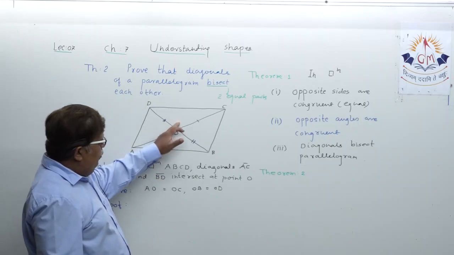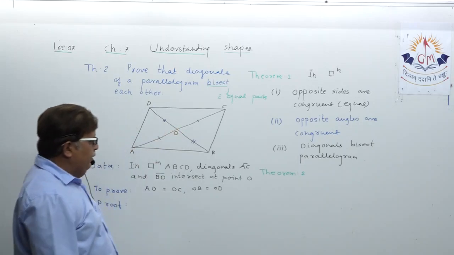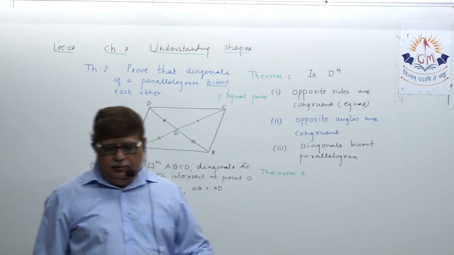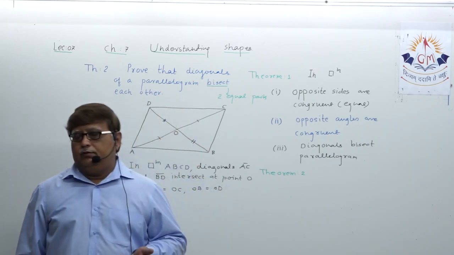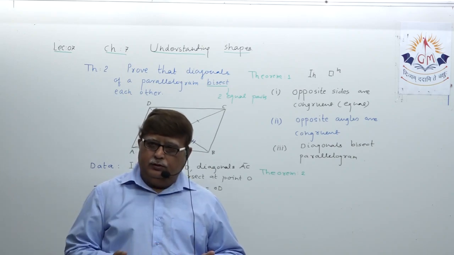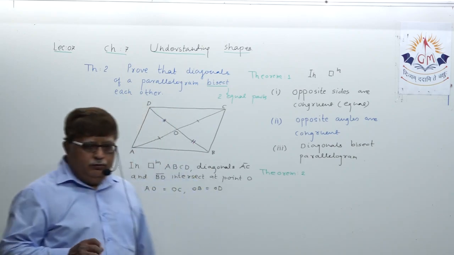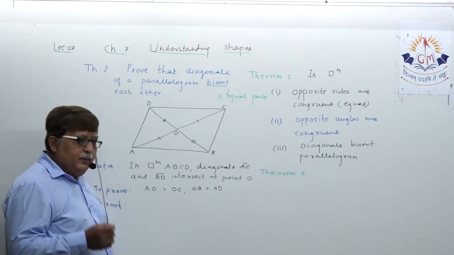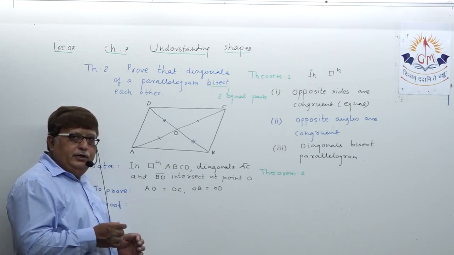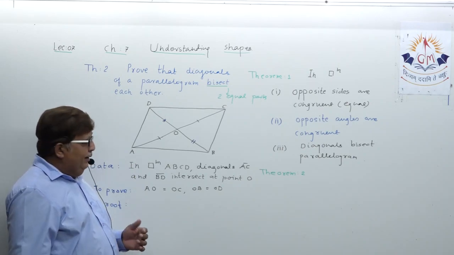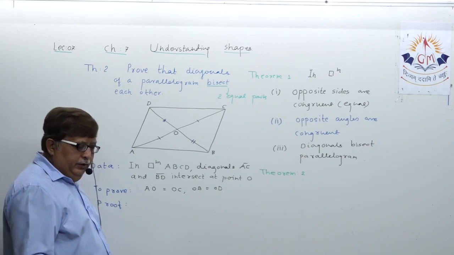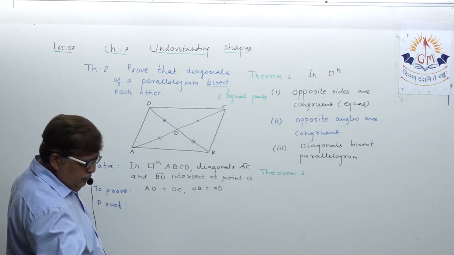And for proving two triangles congruent, you all know that we have got only two postulates. Which are those? SAS and ASA. Two postulates only. So somehow, dear student, we have to utilize any one of the postulates which is applicable here, either SAS or ASA.